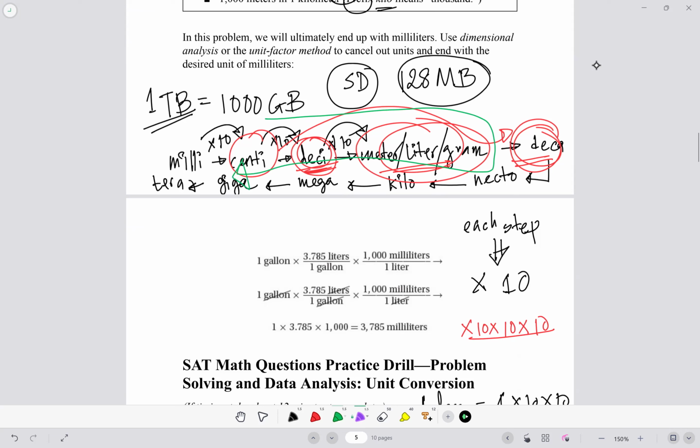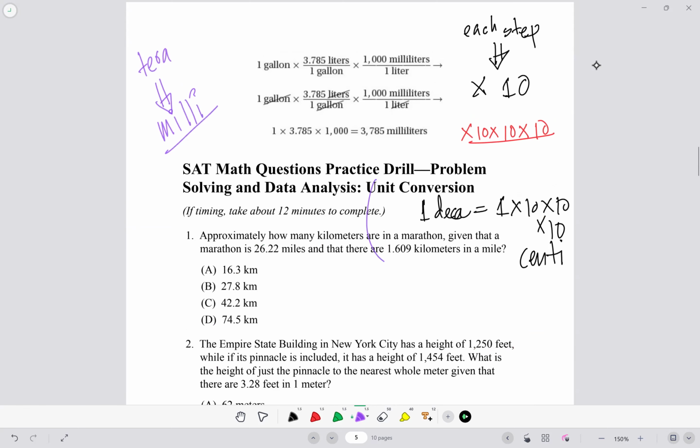But if we are interested to go in this direction, for example, if we want to convert from tera to milli, we can use this procedure from larger, from upper to lower. You can just multiply. You can do the multiplication.